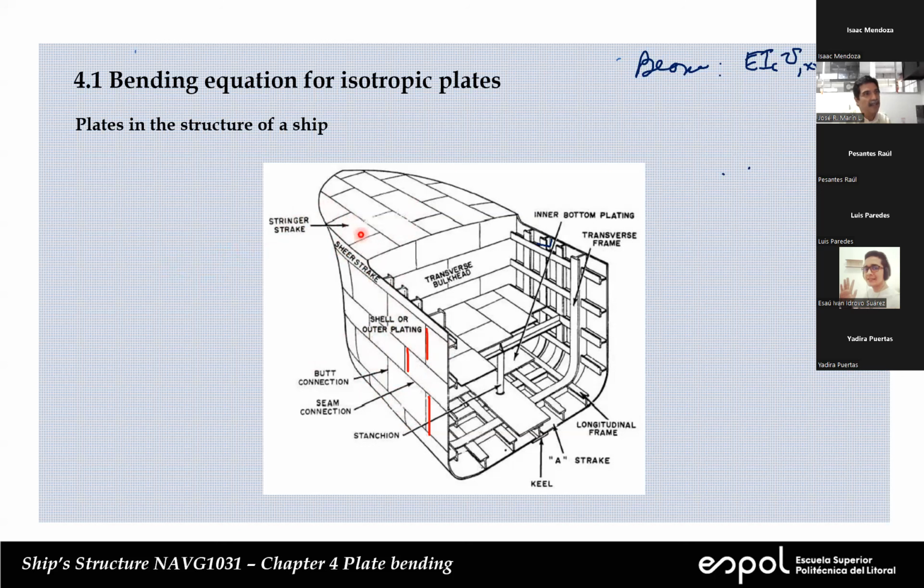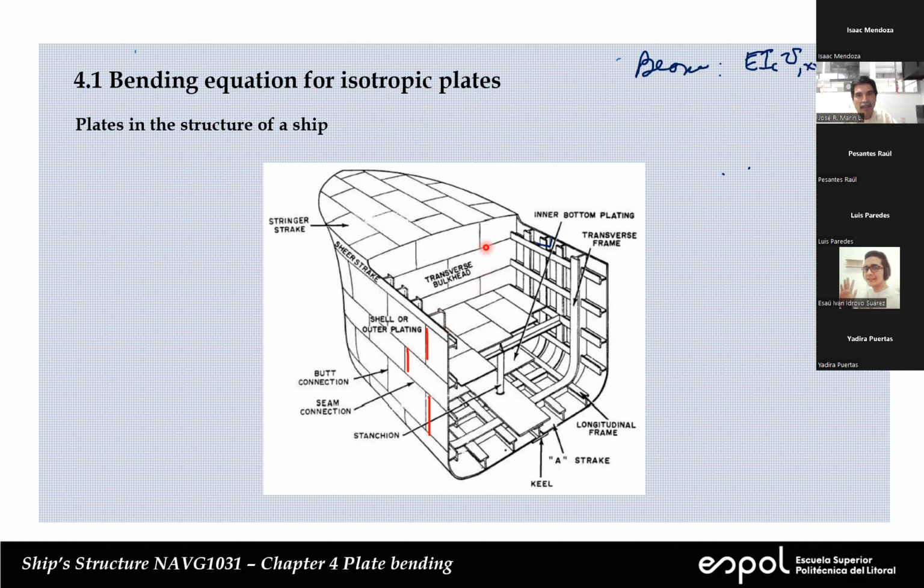This is the stringer strake on the deck and the sheer strake on the side. Okay, and usually these two strakes, because we have a decent high shear stress and a very high normal stress, usually we increase the thickness of those two strakes.